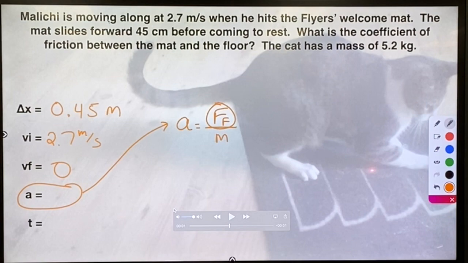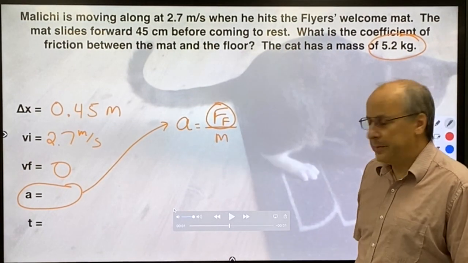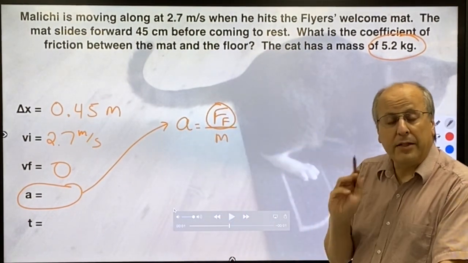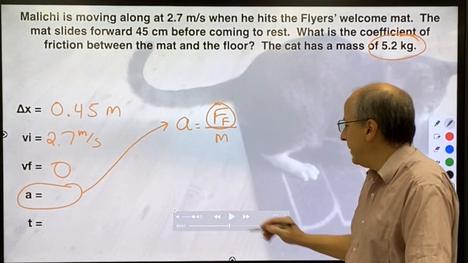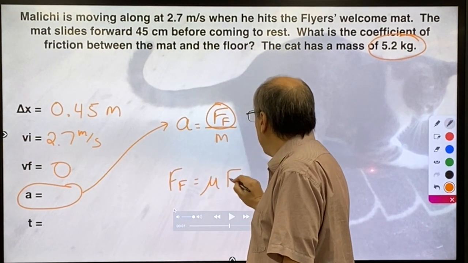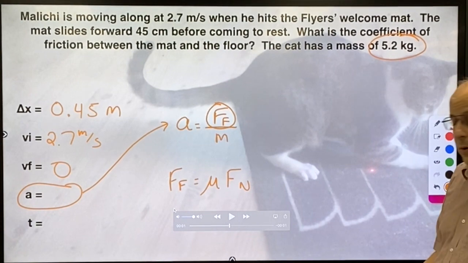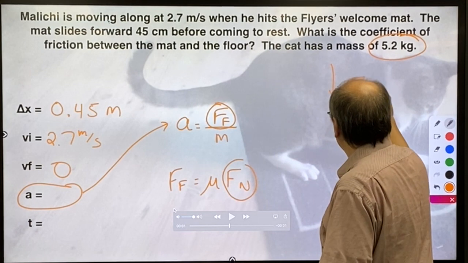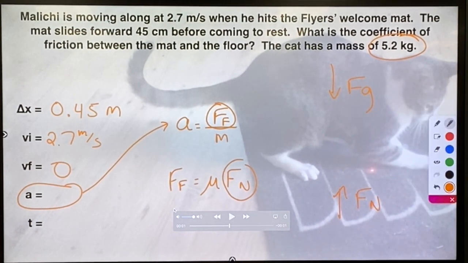The cat has a mass of 5.2 kilograms, so that goes in as your mass. Whatever you got here, you plug in here. Now note, your acceleration will be negative, but just make it positive when you plug in. Once you've got your force of friction, you plug it into force friction equals coefficient times normal, and you get force normal by figuring out the force of gravity of the cat and setting it equal to force normal.